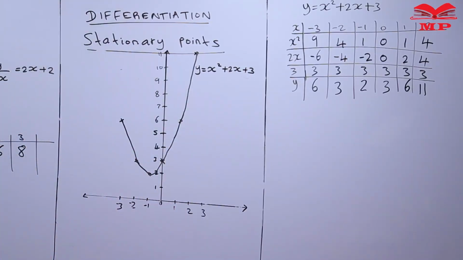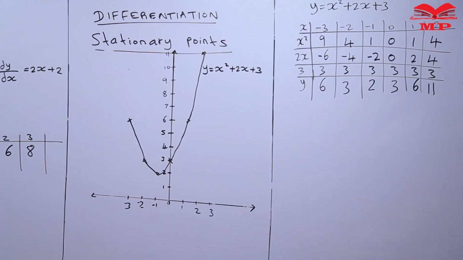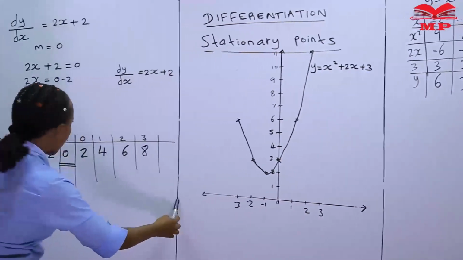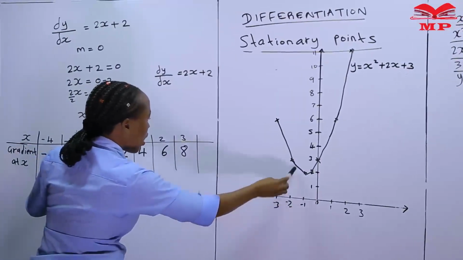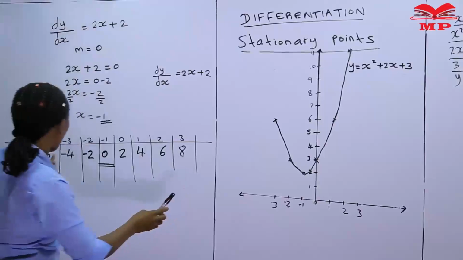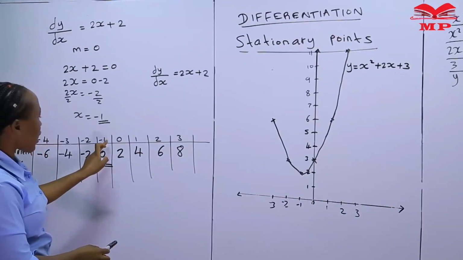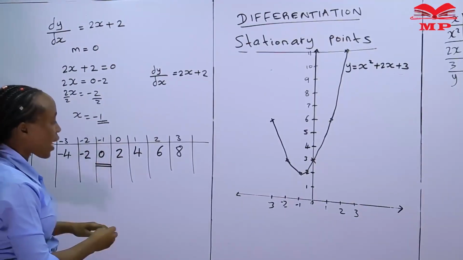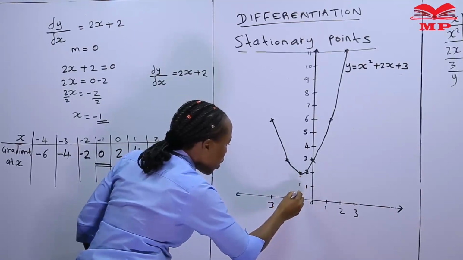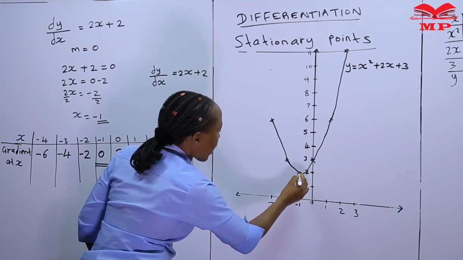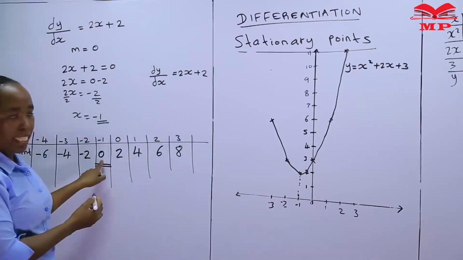We can see clearly from this graph that we have here the values of x on the left hand side of 0, from negative 3, negative 2, all these points on this side, we can see the gradient. At the point where x is negative 1, we can see clearly that here our gradient is 0.